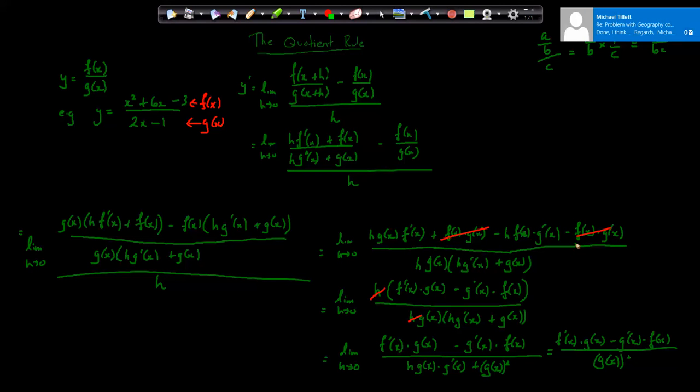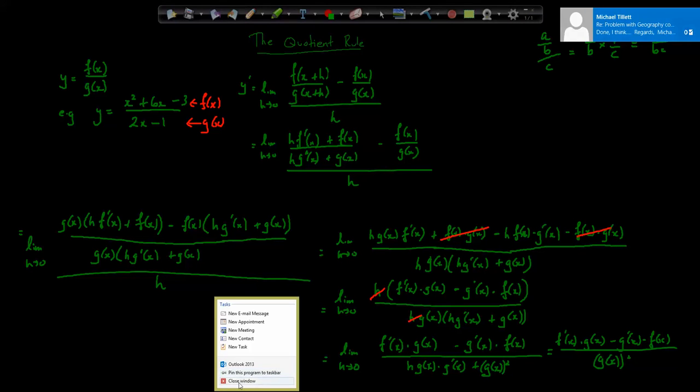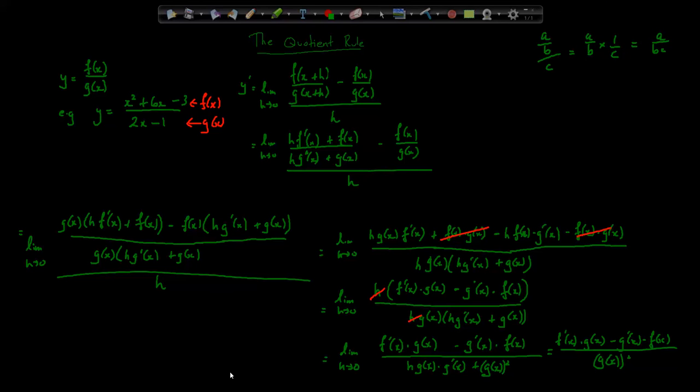Okay, and that there is basically what's called the quotient rule. So let's write that summary on another page here. We started off with this situation here, and we ended up with this formula for the derived function: f dash times g minus g dash times f, all over function g all squared.